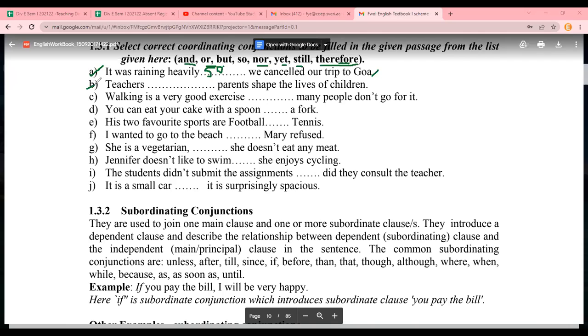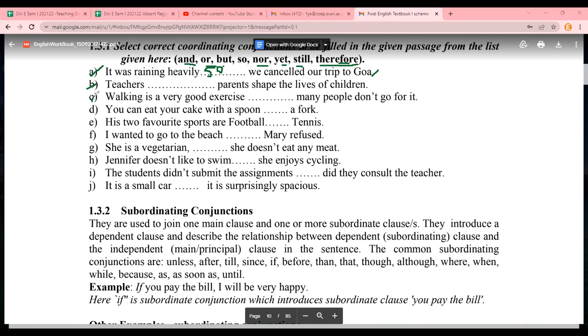Second one: teachers dash parents shape the lives of children. Yes, Adesh, you got it right. Teachers and parents shape the lives of children. Number C: walking is a very good exercise, dash, many people don't go for it.